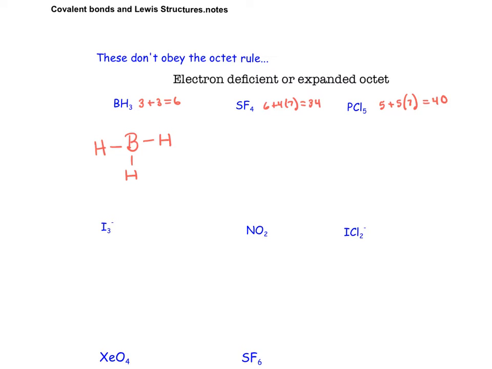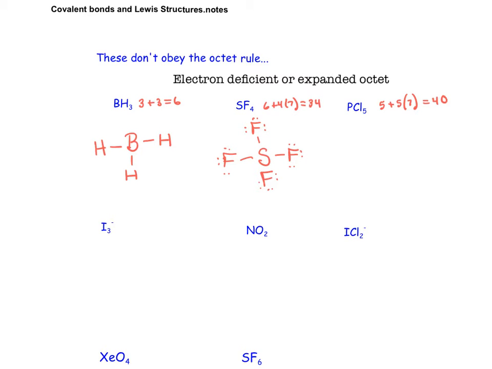SF4 is going to have an expanded octet. So I'm going to start with my sulfur. I'm going to connect my 4 fluorines. And then I'm going to start adding electrons. And I can add 6 unbonded electrons to each fluorine.